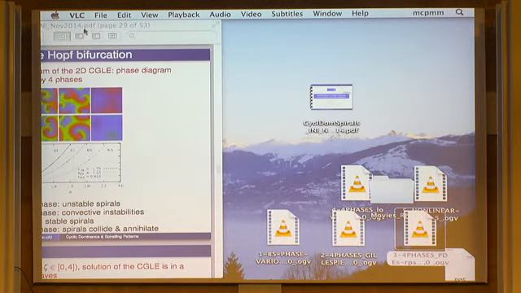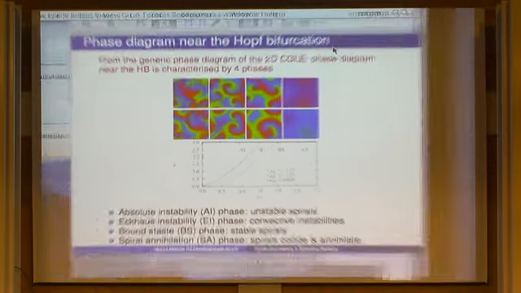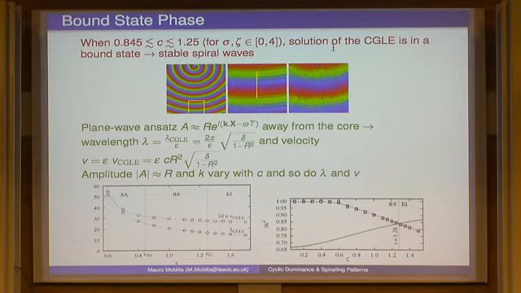So what we can now do is to characterize each of these phases. So in the bound state phase, right, we can just do a plane wave ansatz away from the core, and from there obtain the wavelength, and by doing so, we also notice that the wave number varies with C. So this is what we show here.